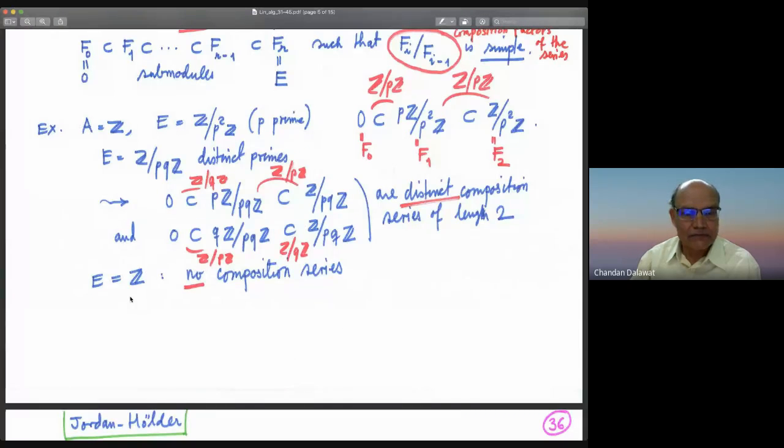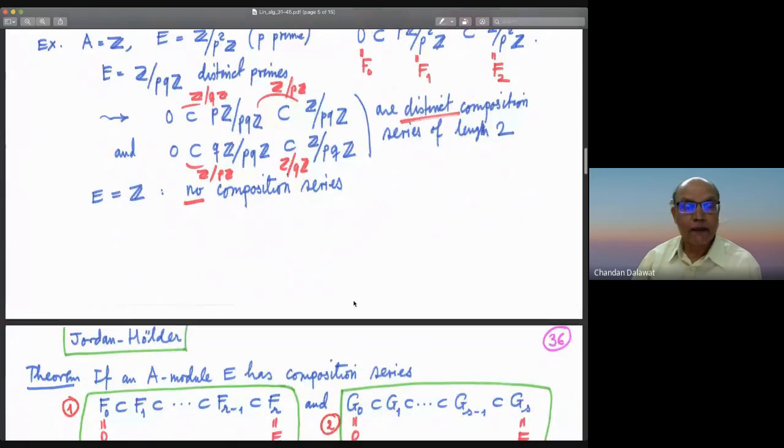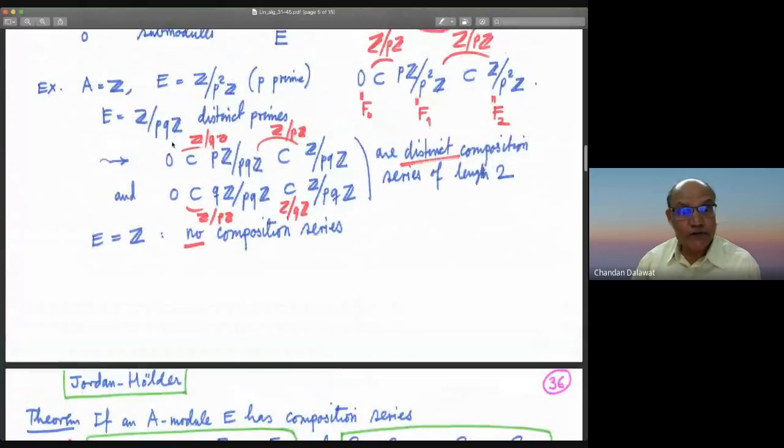And in a composition series, the first one is, of course, 0, but the second module has to be a simple module, because that module, modulo 0, has to be simple, right? So Z doesn't have a composition series. But some modules have two different composition series, as we saw here.